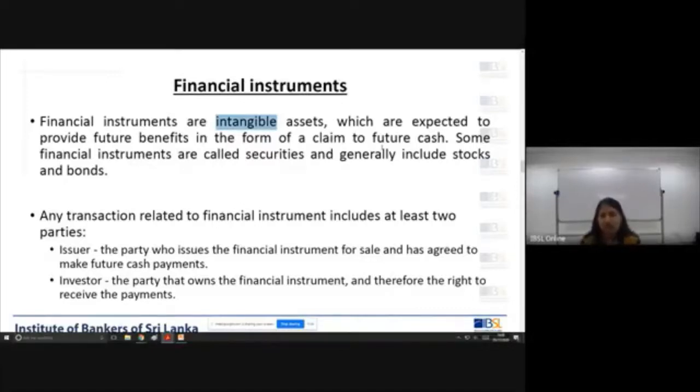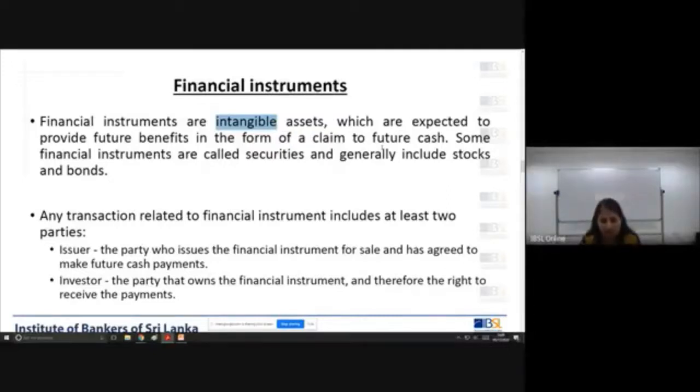It gives you a future benefit. Now, if I deposited money in a fixed deposit today, I get my certificate. I know in 3 months' time, I will get an interest of this much. So I have a future benefit in the form of a claim to future cash. Okay, do you understand? So that is a simple definition when it comes to financial instruments.